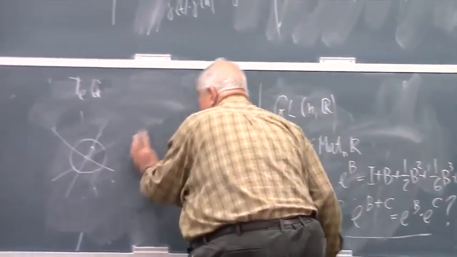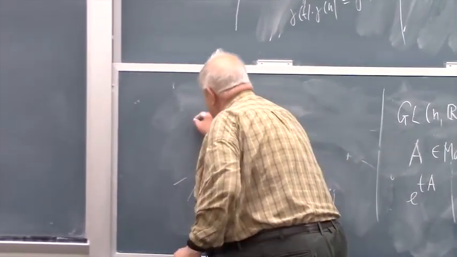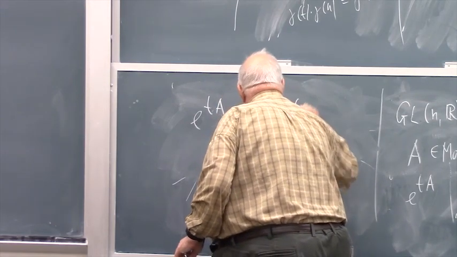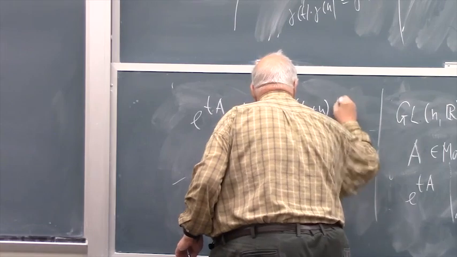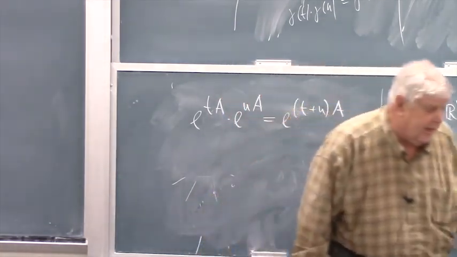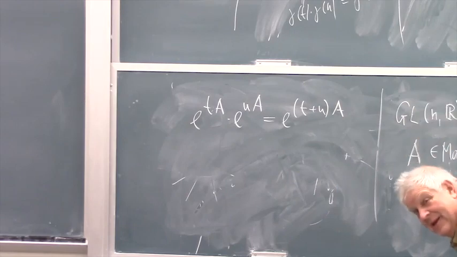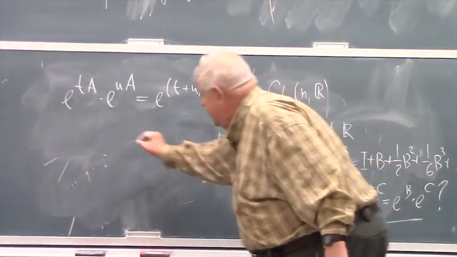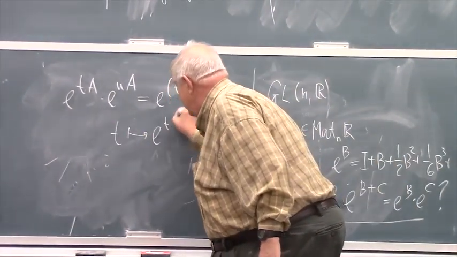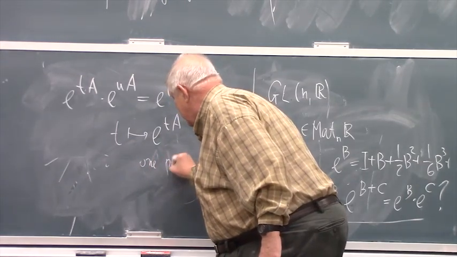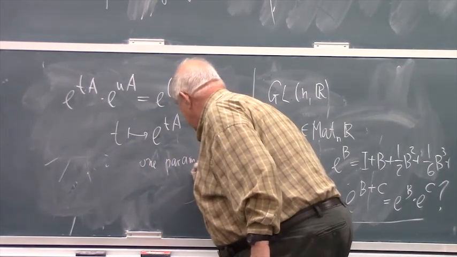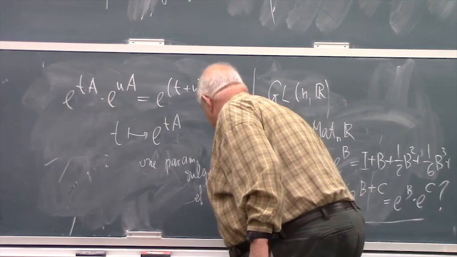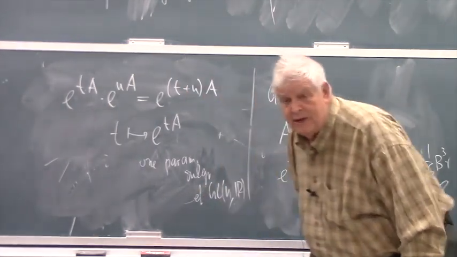But in the case when we really need this, we have this equality because tA and uA commute, right? So we have this equality, and this means that actually we have this map, which is a one-parameter subgroup of GL_n(R), right?